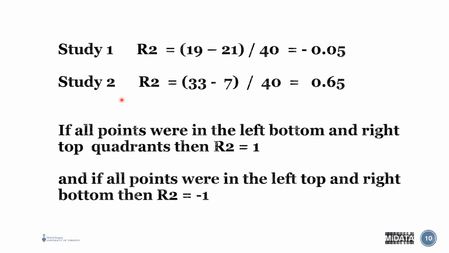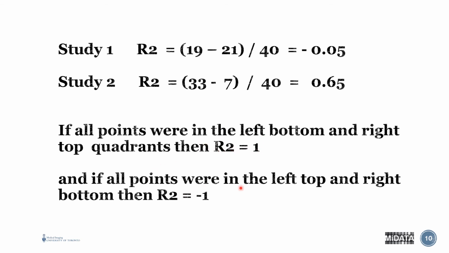In study 2, we take the total in the bottom left and top right, which is 33, and we subtract away all of the points in the top left and bottom right quadrants, which is only 7, divided by the total, and we get 0.65. Now it's interesting to note, if all points were in the left bottom and right top quadrants, then the statistic we're creating here, R2, would be equal to 1.